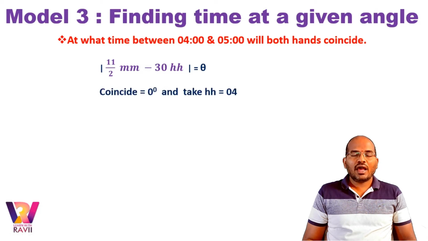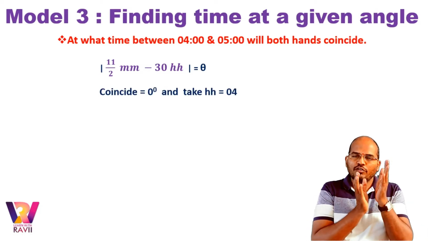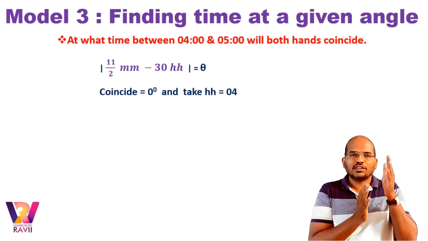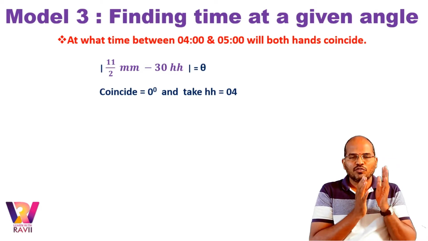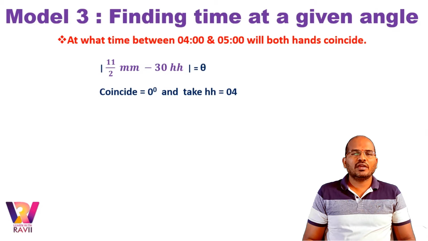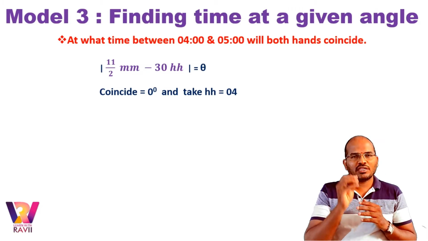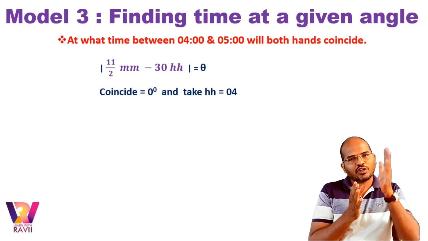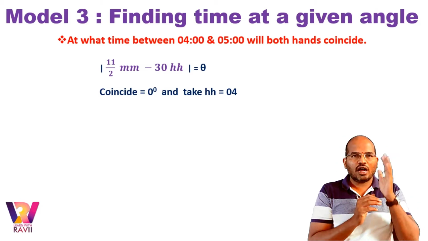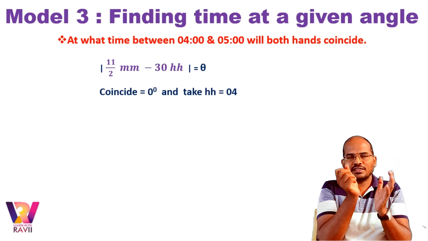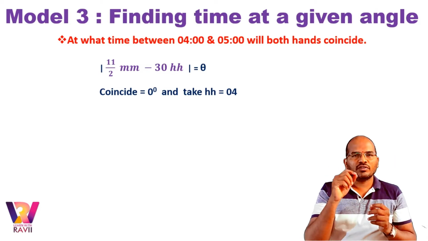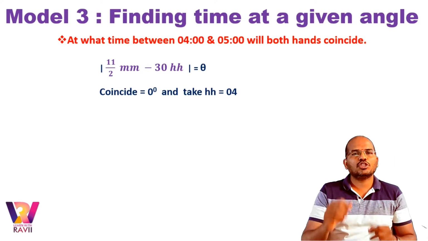As we want to calculate between 4 and 5, we take the first hour value, that is 4 o'clock, the minimum value. So we plug in hh as 4 because common sense says definitely the time would be after 4 and before 5. So we use hh as 04.